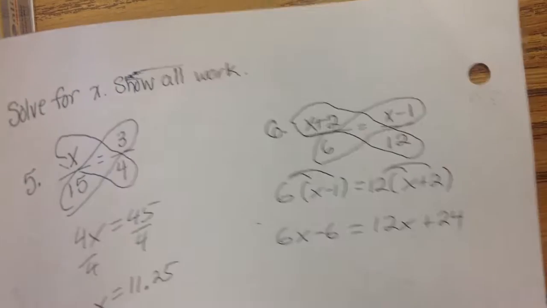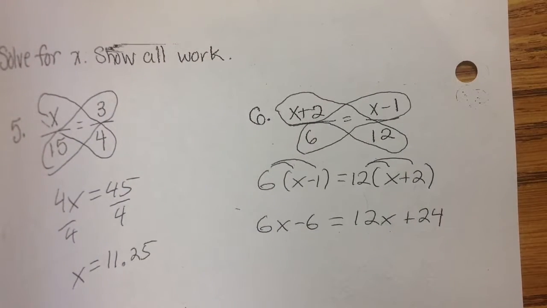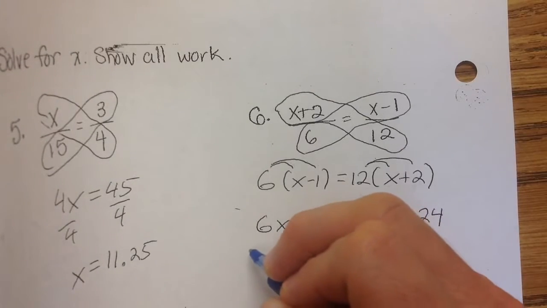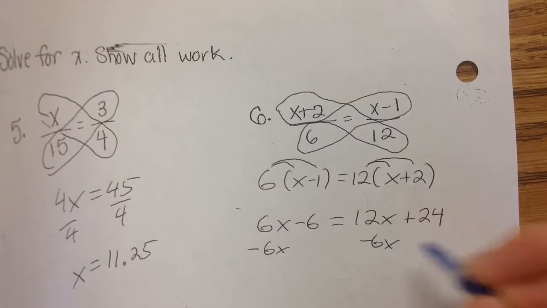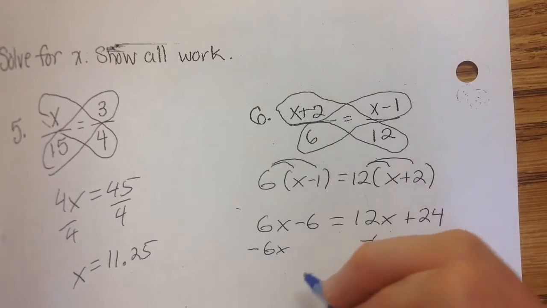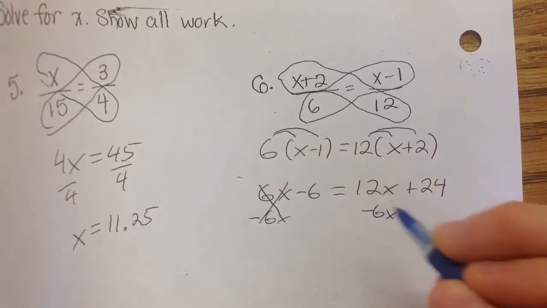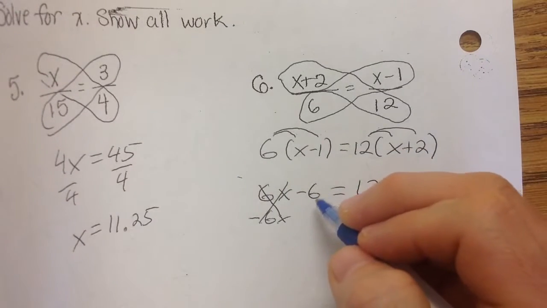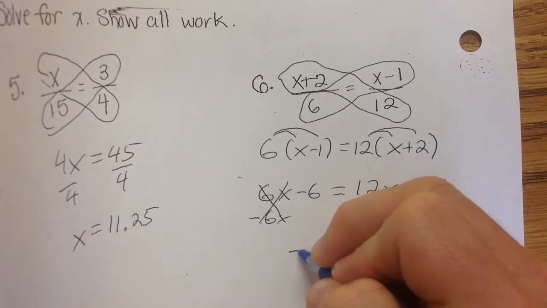Okay? We have variables on both sides of our equation, so we want to get those kind of on the same side. Usually we move the smaller variable. It helps us avoid some negative signs, so minus 6x, minus 6x. All right, now this is a common mistake here. When we go down and cancel these out, what's left over is not just a positive 6, it's a negative 6, so that negative sign has to come down.